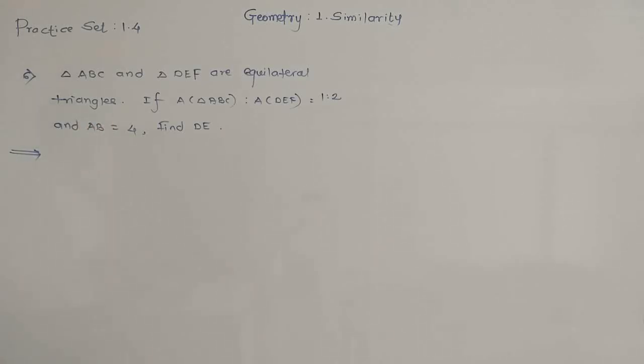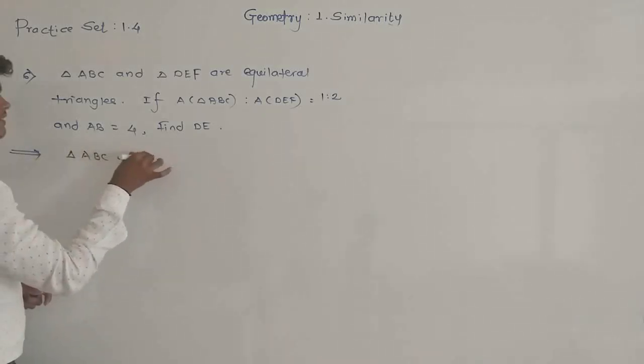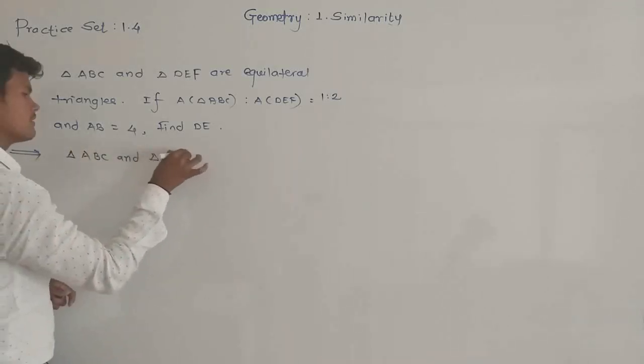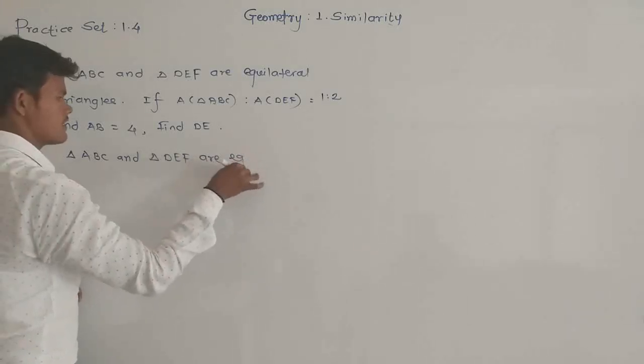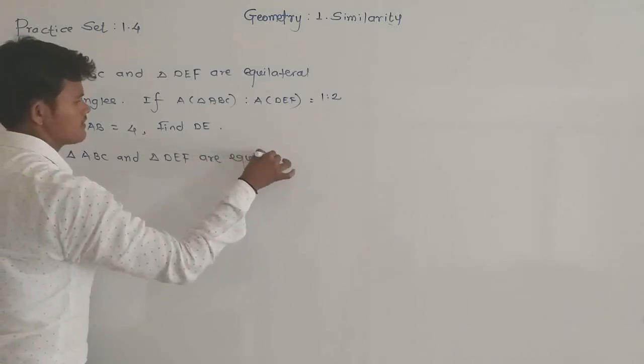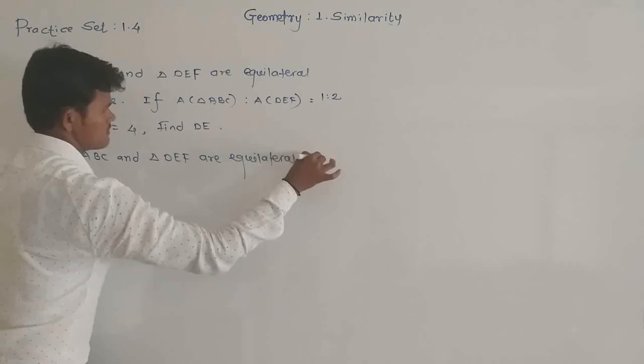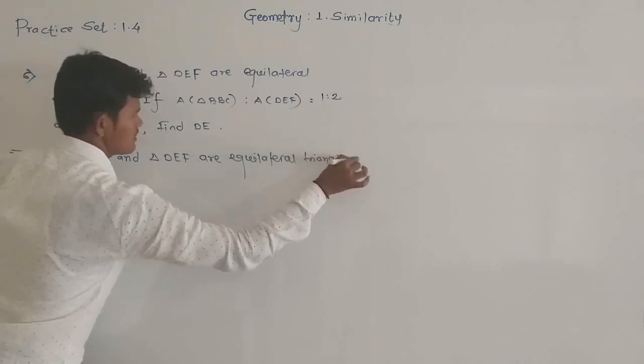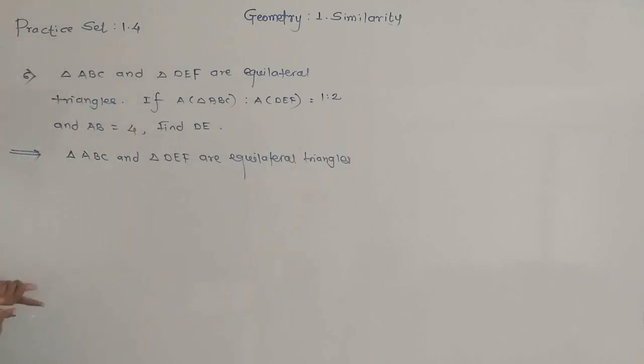Here it is given that triangle ABC and triangle DEF are equilateral triangles. Two equilateral triangles are similar.